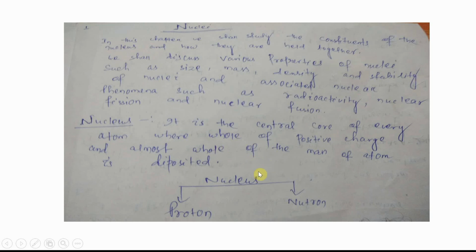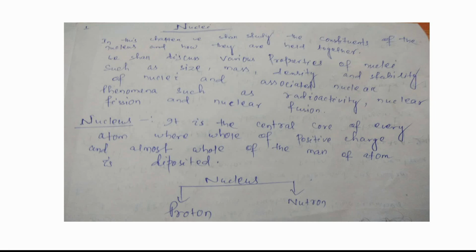Especially, the size of the nucleus is very small as compared to the size of the atom. When the size of the atom is 10 to the power minus 10 meter, the size of the nucleus is of the order of 10 to the power minus 15 meter.